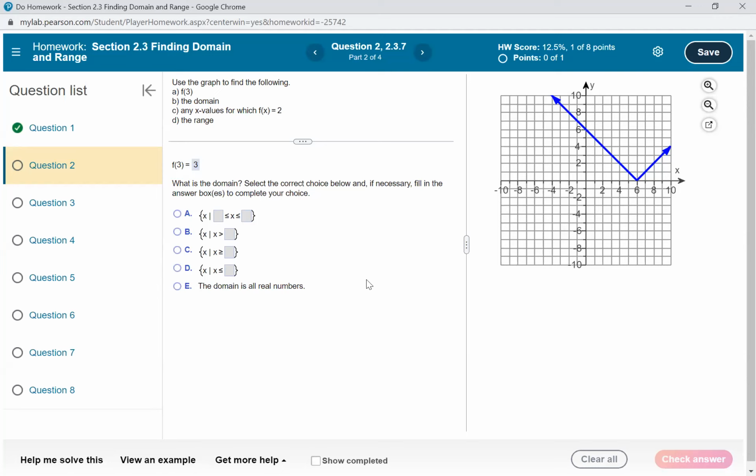When we got a line that goes both directions like this, we say that its domain is all real numbers. So different, when I had the points, I could individually pick them. But when I got lines like this, and they're heading both directions, we would go with E for all real numbers. All right, y'all, we would check that.